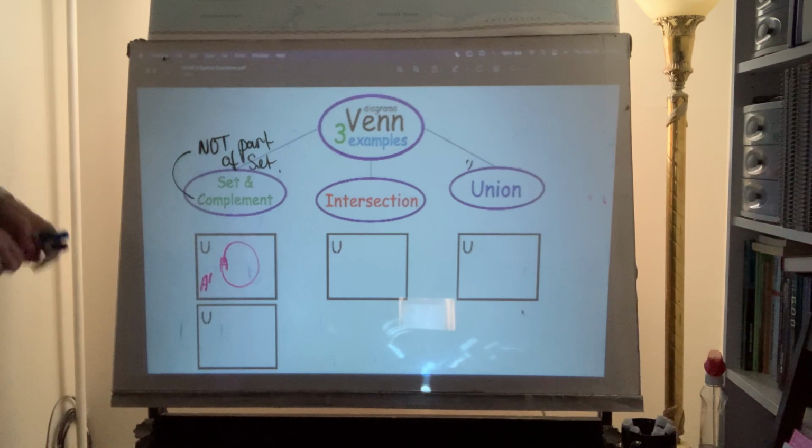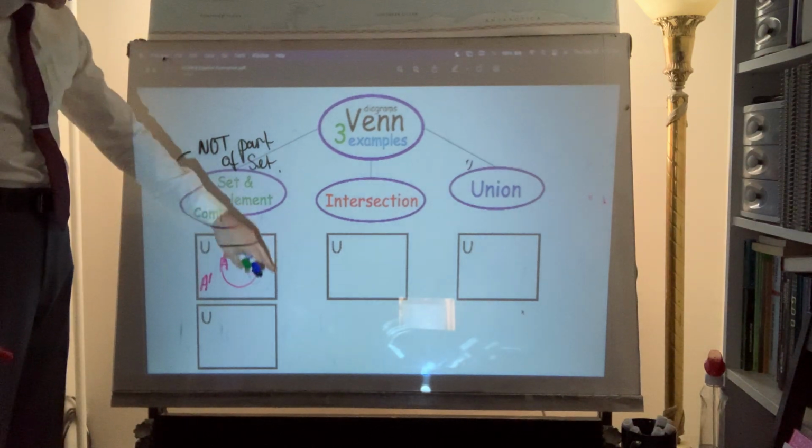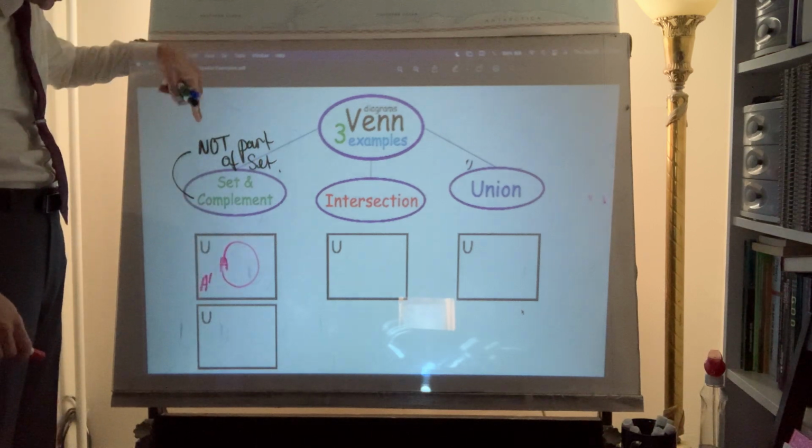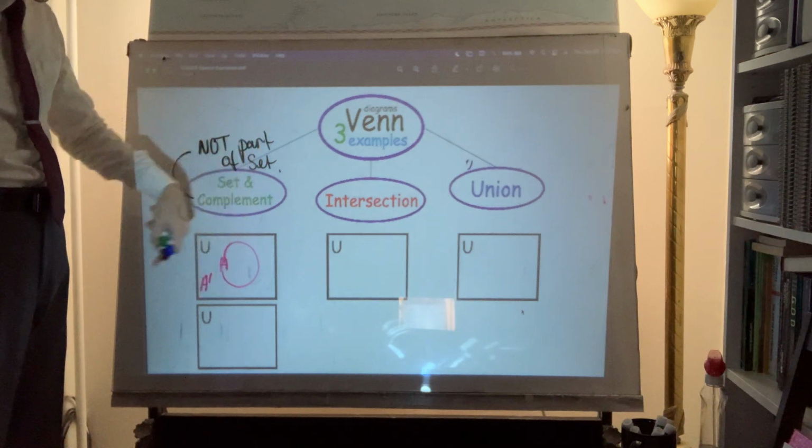That means that the things that are here outside of the circle's limit would be the things that are not part of the set known as A.